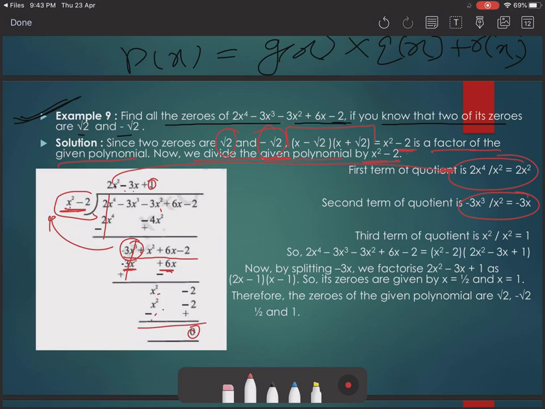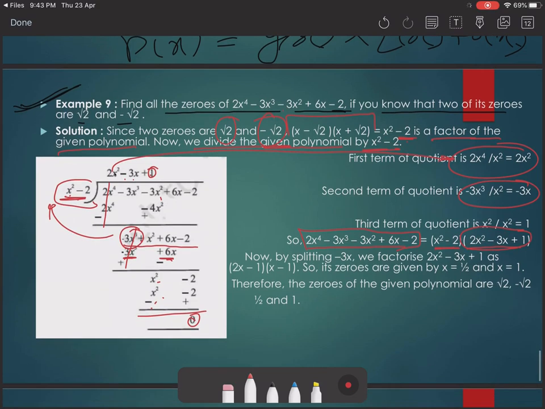Therefore, the polynomial 2x to the power 4 minus 3x cube minus 3x square plus 6x minus 2 is equal to x square minus 2, the first factor, and 2x square minus 3x plus 2, the other factor. Therefore, we find the other zeros by factorization of this polynomial, which is a quadratic polynomial.